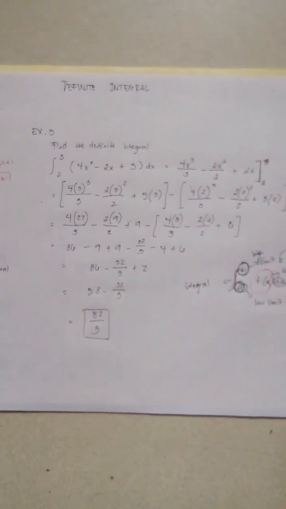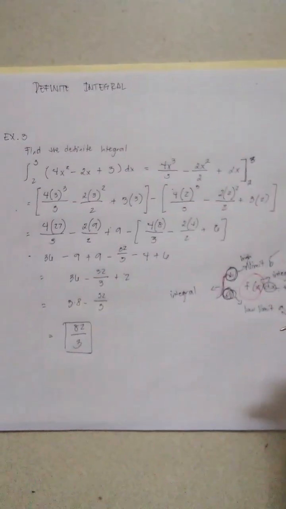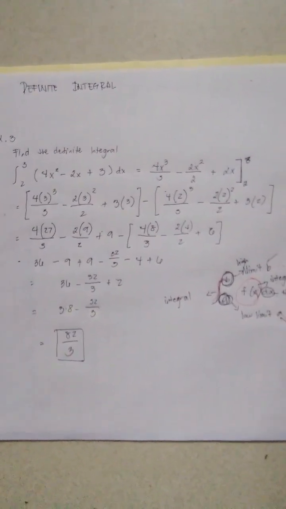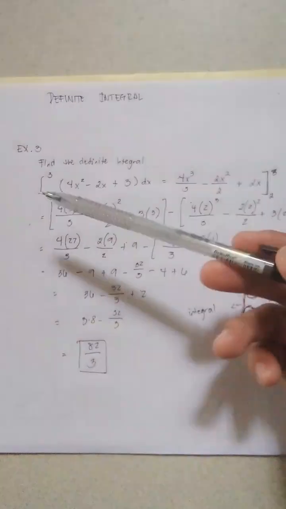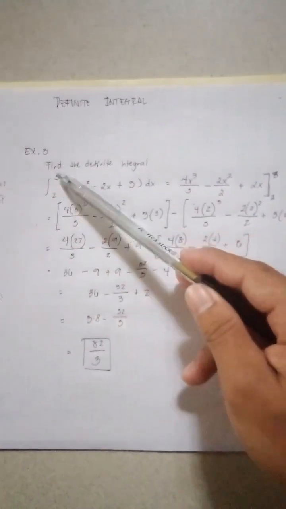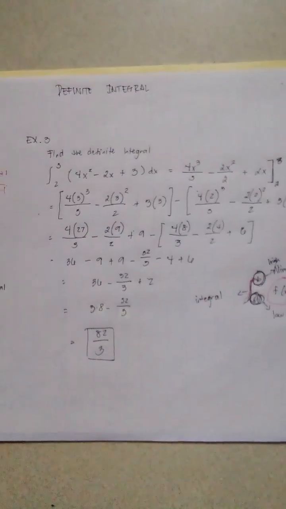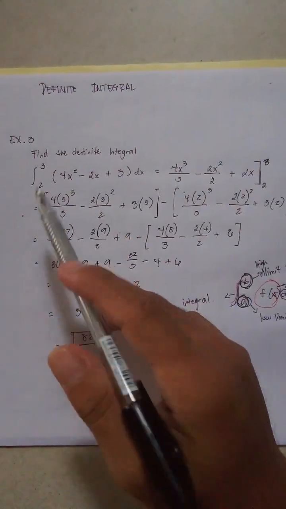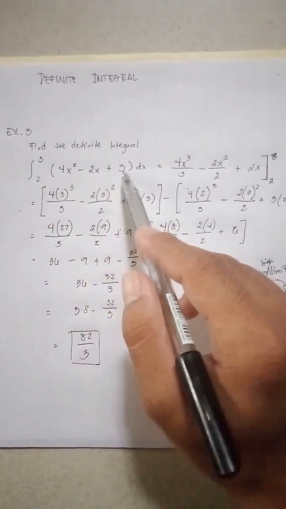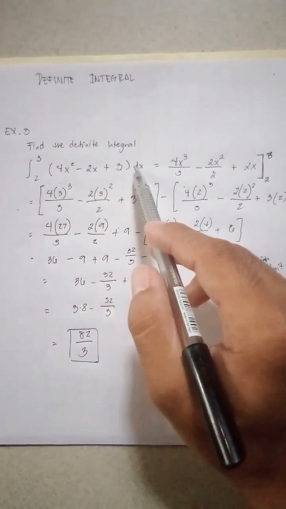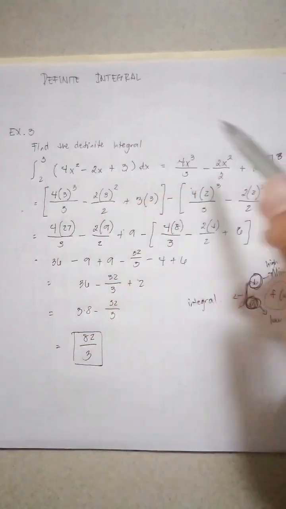And now I made an additional example because I'm not satisfied with these two simple questions. Same as the previous ones. Find the definite integral. We have here the integral of 4x squared minus 2x plus 3 dx evaluating from 2 to 3.